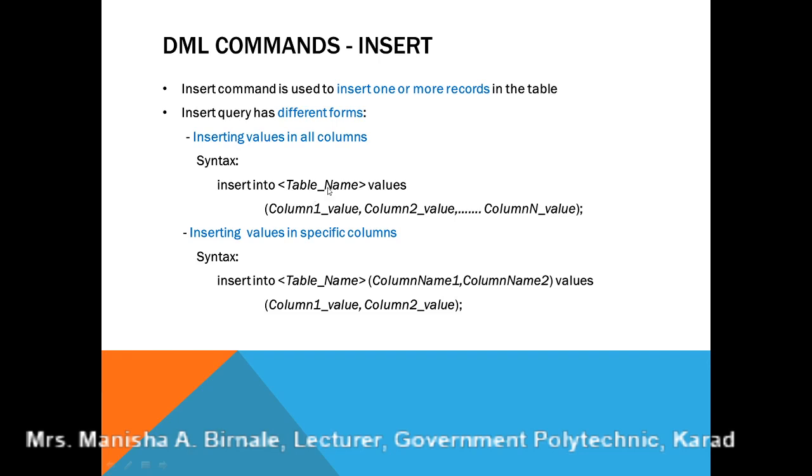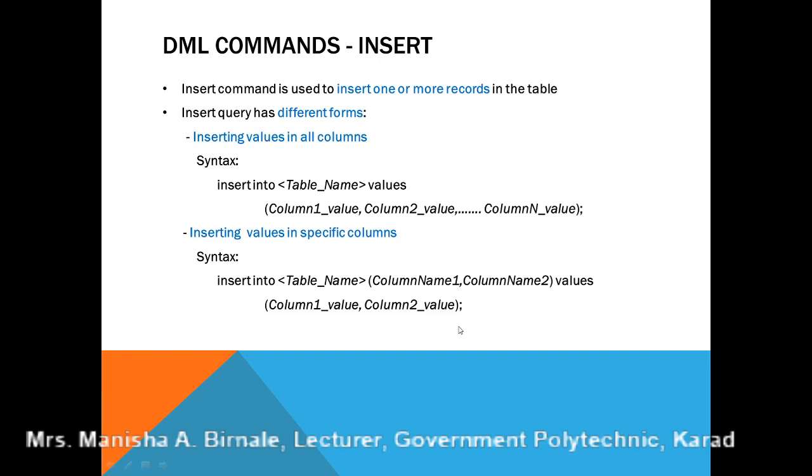In the first form there was no need to specify column names because you were inserting values for all columns. But in the second form, after the table name you have to specify the column names for which values are inserted. So in round brackets column name 1, comma, column name 2, the round bracket is completed, and after that the values keyword is used. After that, in round brackets, specify values for those specific columns. The command is terminated by a semicolon.